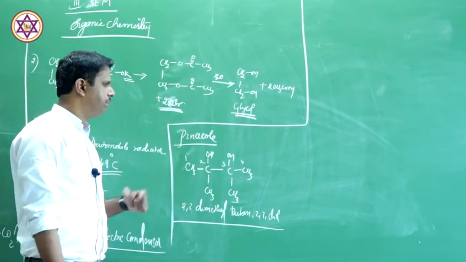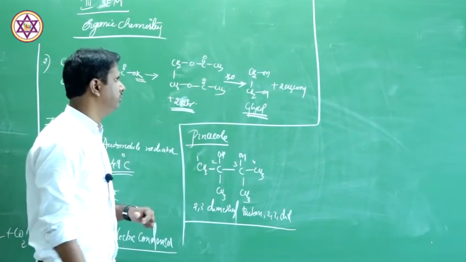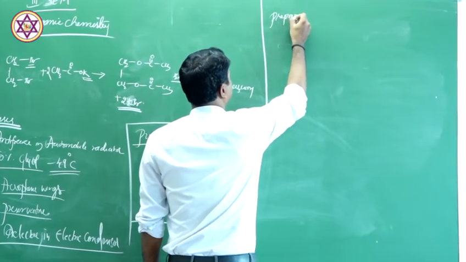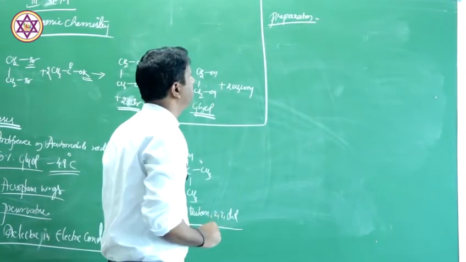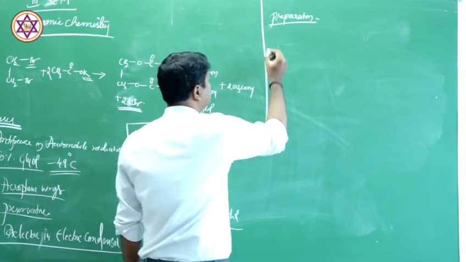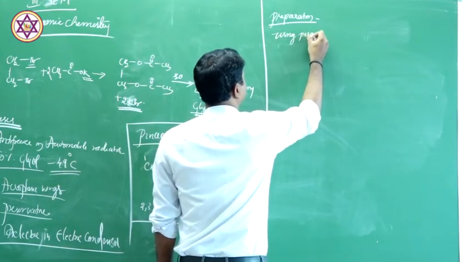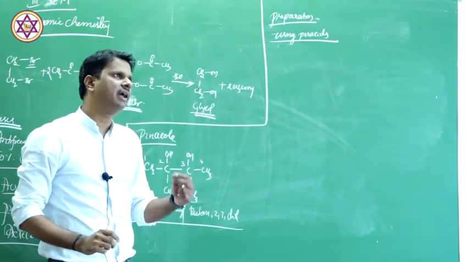Now how can we prepare this? I'll write the preparation here. The first method is using peracids. When alkenes are treated with peracids, what are peracids?